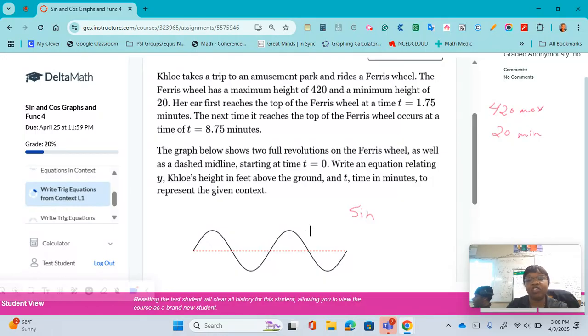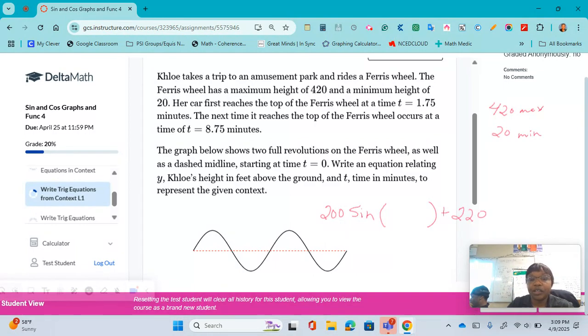So the distance from max to minimum is 400, so the amplitude is 200. The midline will be 220, the minimum plus the amplitude.